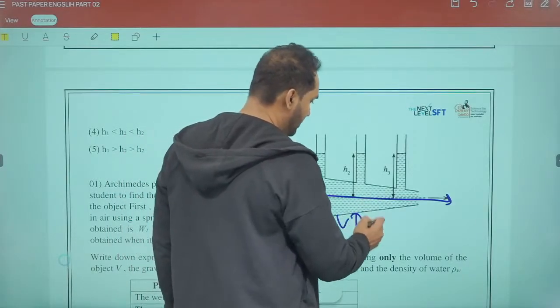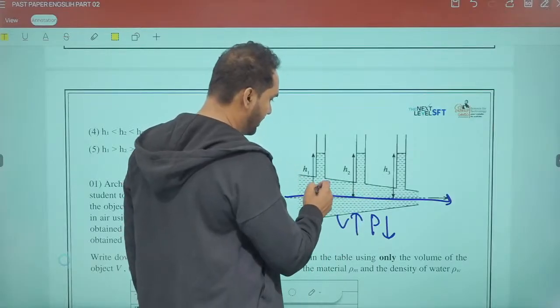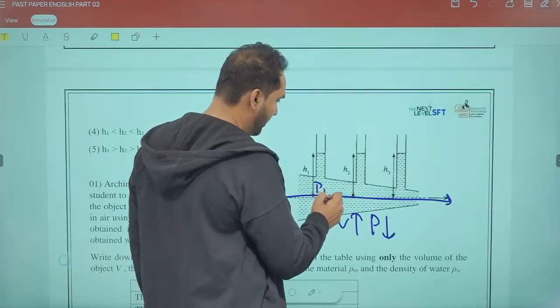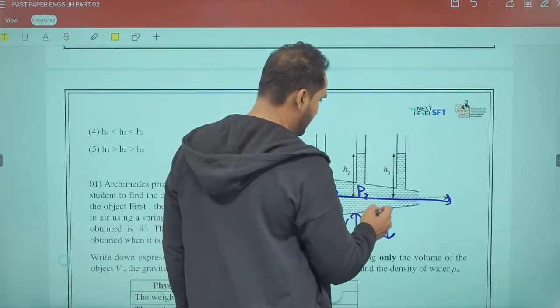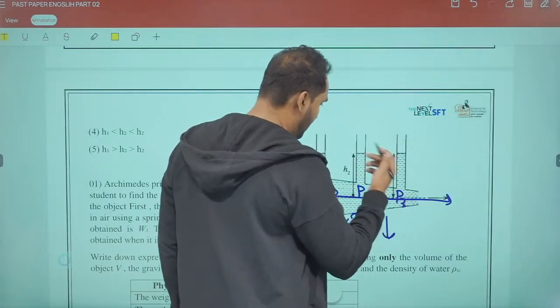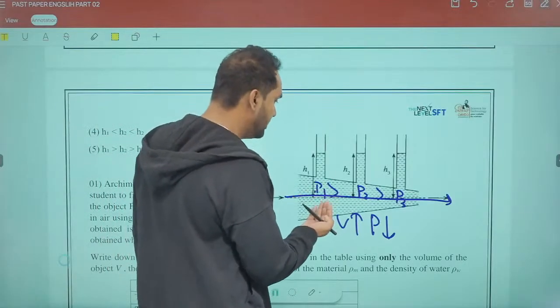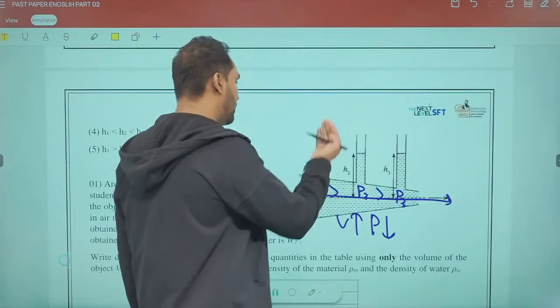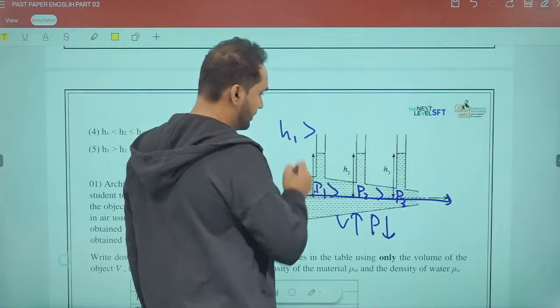If the velocity is increasing, pressure is dropping. So towards this way, pressure is dropping. P1 is greater, P2 is less, P3 is the lowest pressure. If the pressure here is high, it will press the water column up, so the height of this one will be greater.